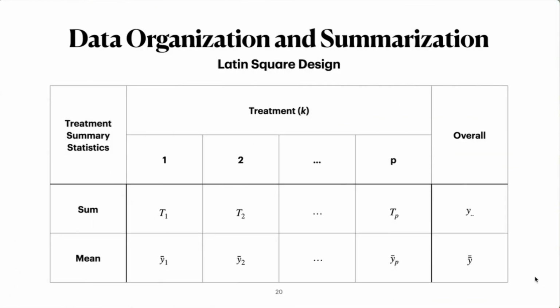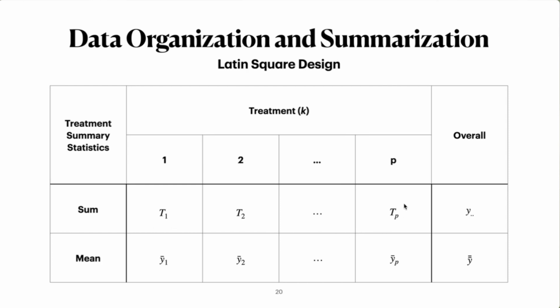Now the second summary table that we need gives us the sums and the means for the treatments. For treatments 1 through P, we calculate the total of the observed values for that particular treatment, T1, or treatment 1.